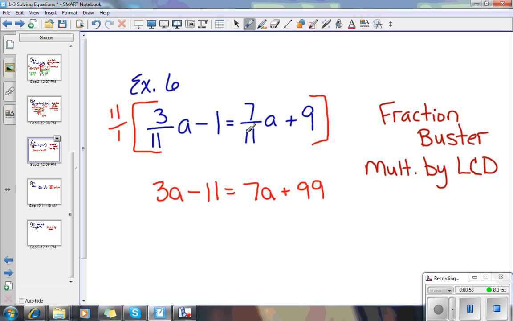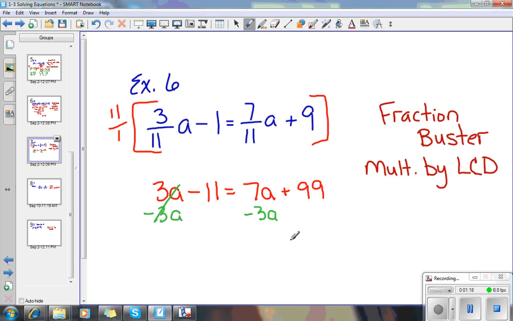So the next thing I'm going to do is get the variable on one side because I need the variable by itself. It doesn't matter if you choose to subtract 3a so that your a's are positive, that's fine. So I'm going to subtract 3a from both sides because that means those are going to cancel.